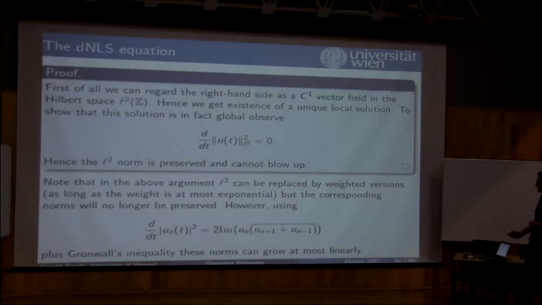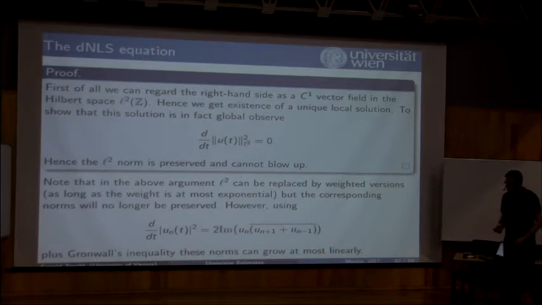If you look at exponential weights, you still get a nice expression, and you can use Gronwall estimates to show that it remains bounded so it doesn't blow up. So you could also investigate this in different norms, and hence draw conclusions like if you have a certain decay of your initial condition, then this decay remains preserved by the time evolution.